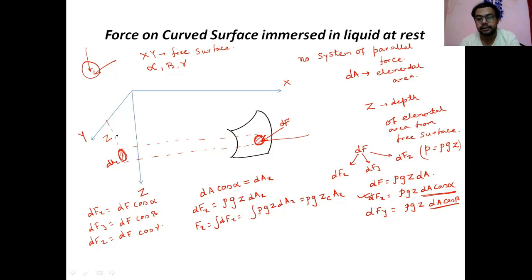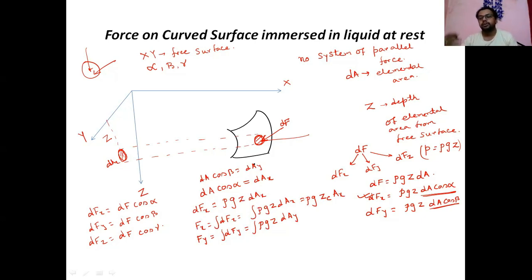In a similar manner, Fy you also get in the same way. I'm not repeating it here. You get rho g z dAy, where dAy is dA cos beta, because this elemental area makes the angle beta with the y-axis.